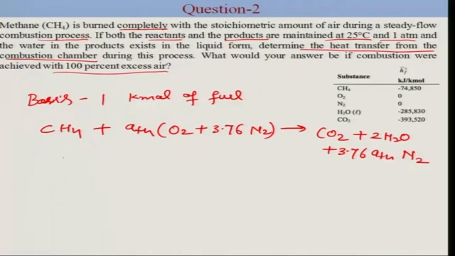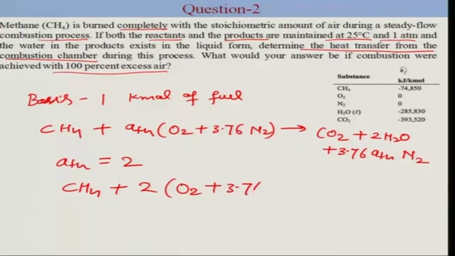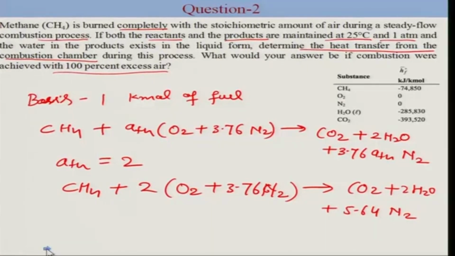Okay. From mass balance, A theoretical equal to 2. After substituting, we get CH4 plus 2 times O2 plus 3.76 nitrogen gives CO2 plus 2H2O plus 7.52 kilomole of nitrogen. Okay. But we have to determine the amount of heat coming out of the combustion chamber.